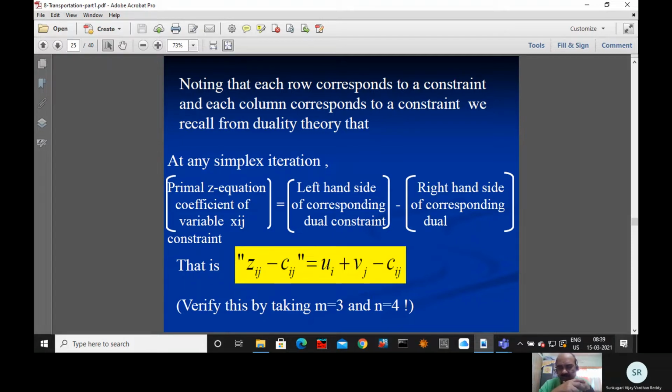The dual constraints are of the form ui plus vj minus cij less than or equal to 0, or you can write ui plus vj less than or equal to cij. This is known as zij minus cij, where zij is nothing but ui plus vj. This you have to use.